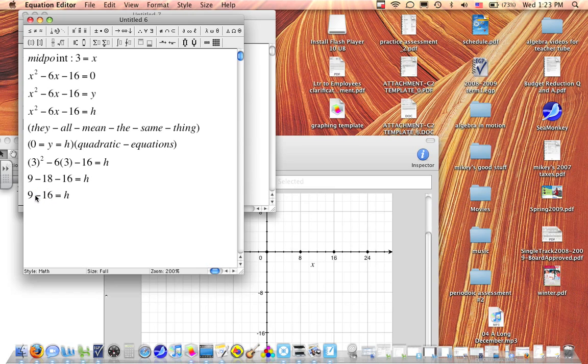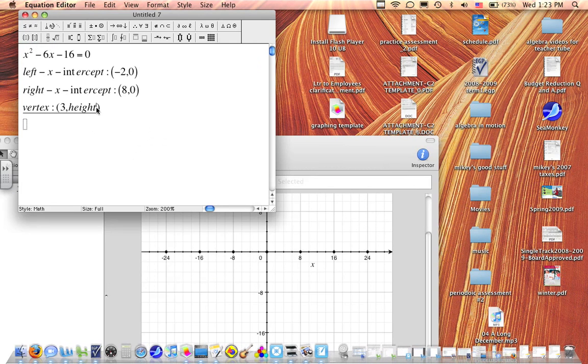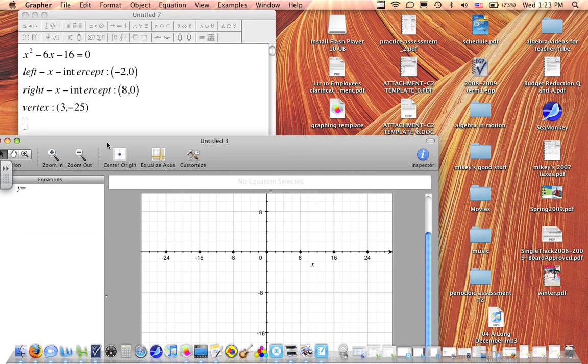So I'm going to replace that with negative 9. And negative 9 minus 16 is negative 25. There you go. So if my height is negative 25, I'm going to shrink this window now and replace height with negative 25. Now I have enough information to graph my line.